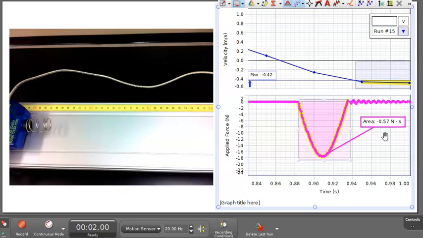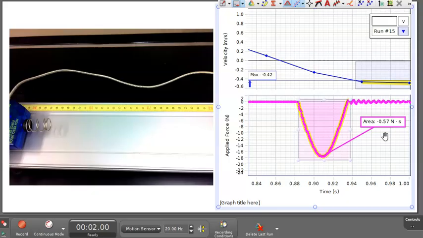And so what we end up getting is the exact change in momentum. So what are we trying to prove here? That the impulse, force times time, is equal to the change in momentum.